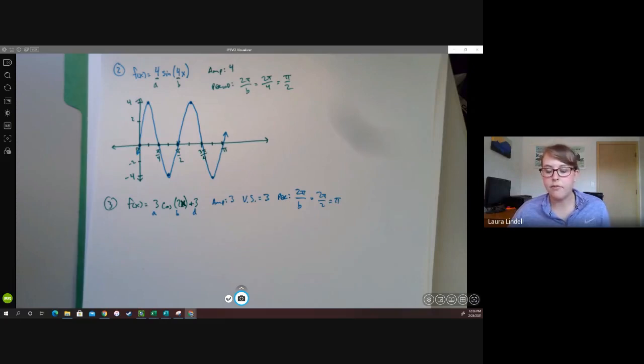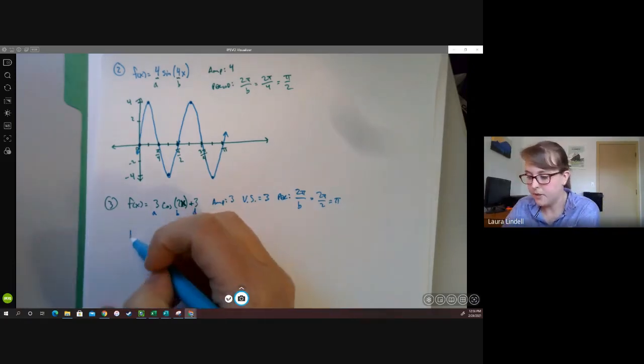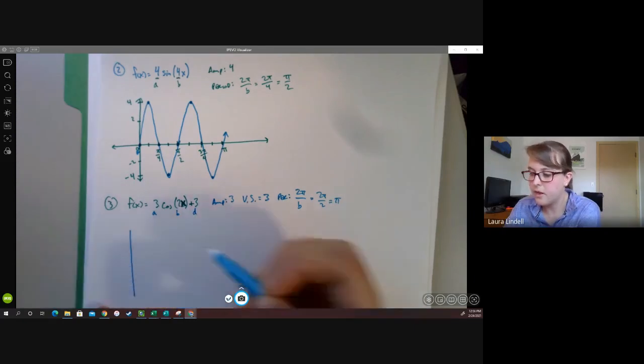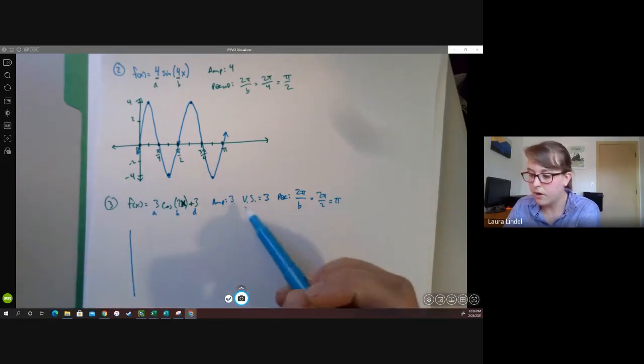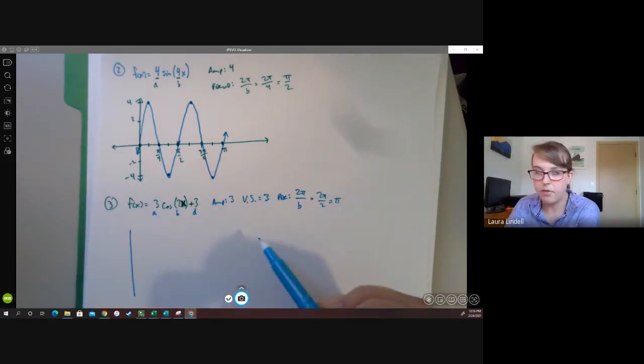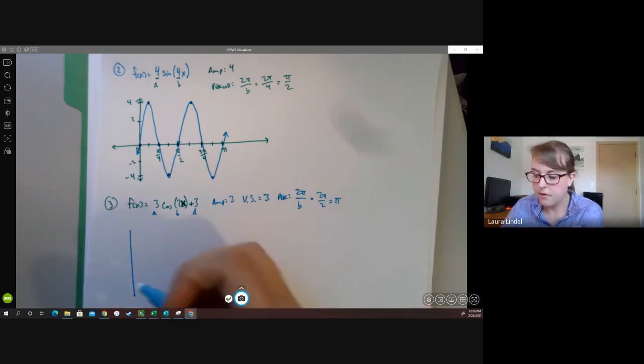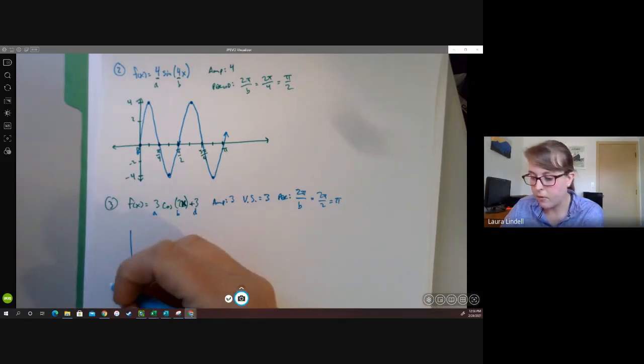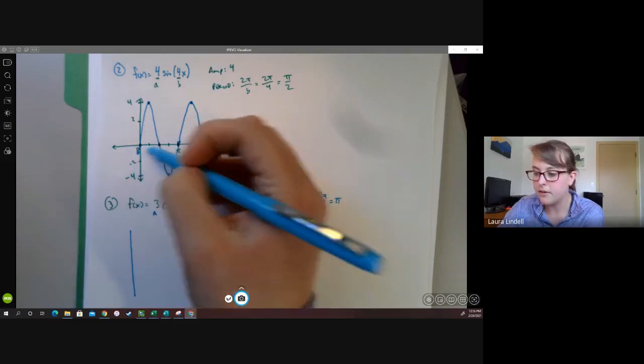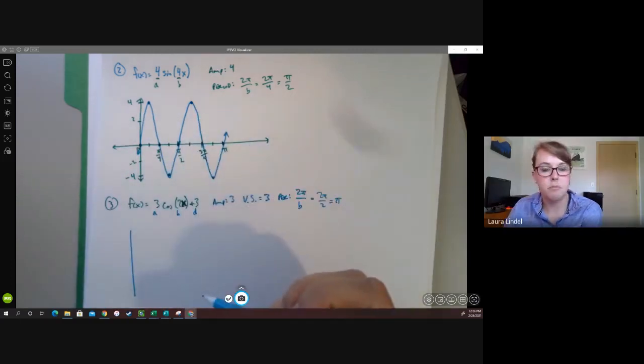If I was going to graph this by hand, well, first we'd set up the coordinates. But notice on this one that we're vertically shifted up 3. So the way that I draw my coordinate is not probably going to be centered at 0 like those ones up above were.